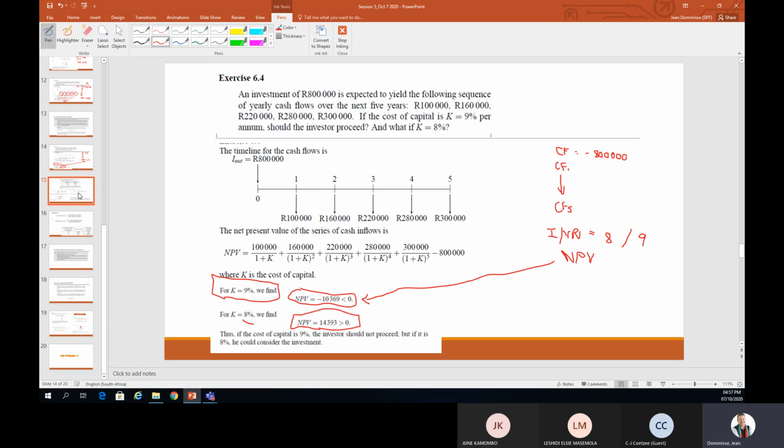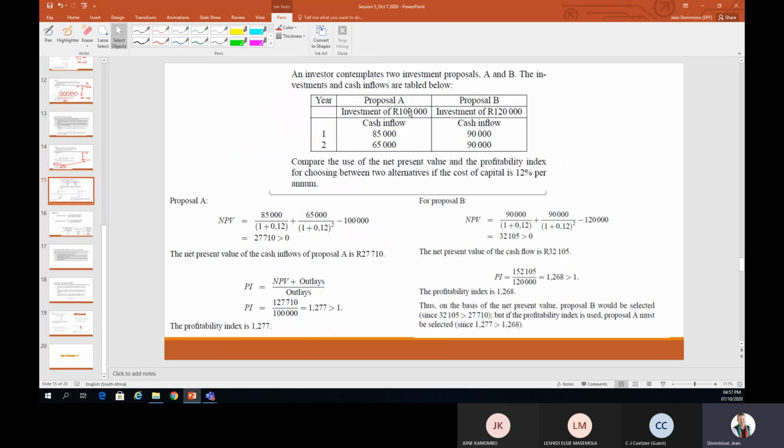Okay, so that takes me into the next example, and again, if you use the calculator, it is much simpler. You have the original investment, which will be your CF0, and remember the negative.